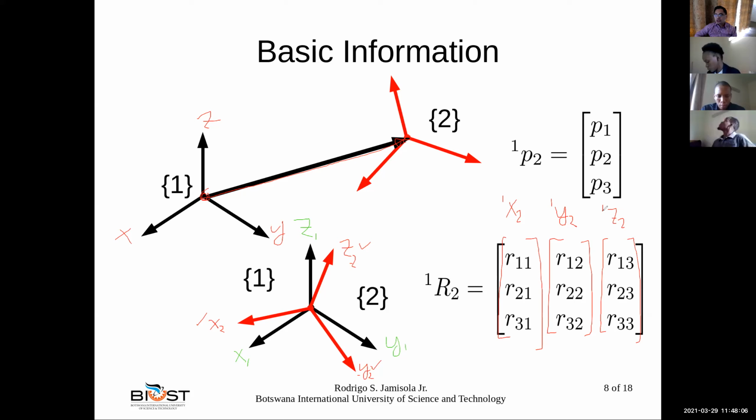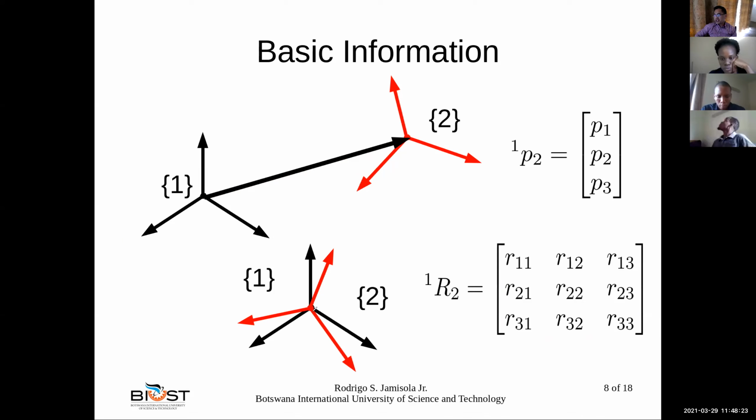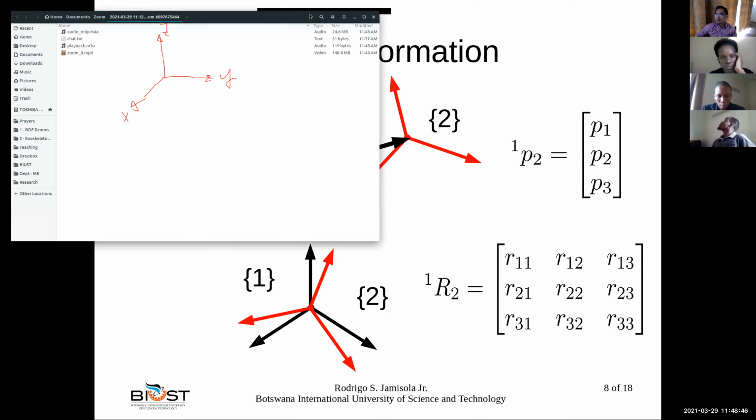So what happens if you want to express frame 2 with respect to frame 2, to itself? Let's check. So for example, this is your x, this is your y, and this is your z.